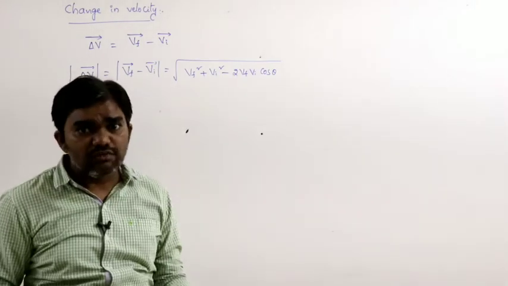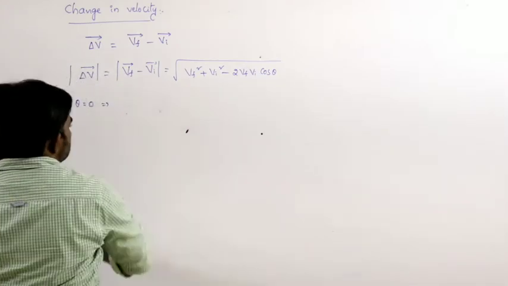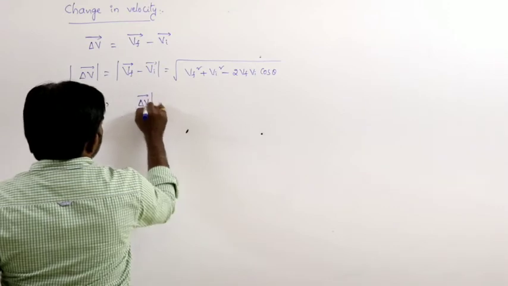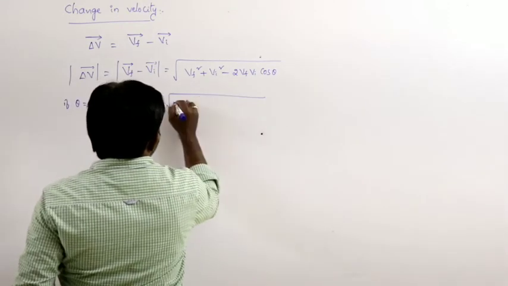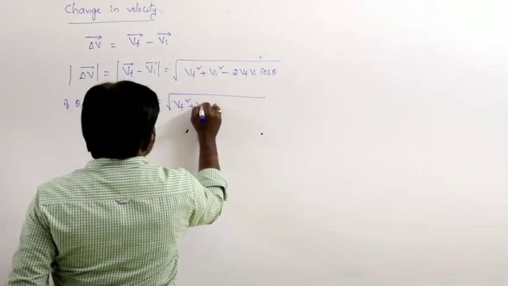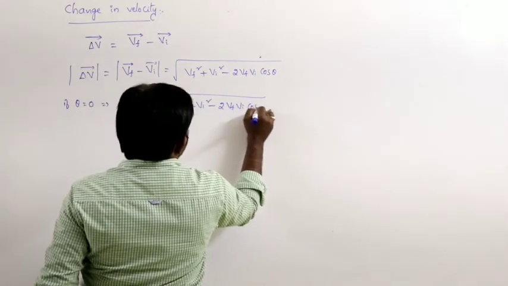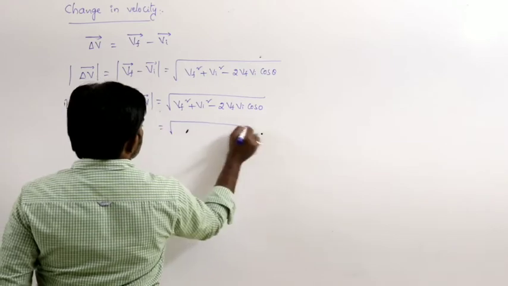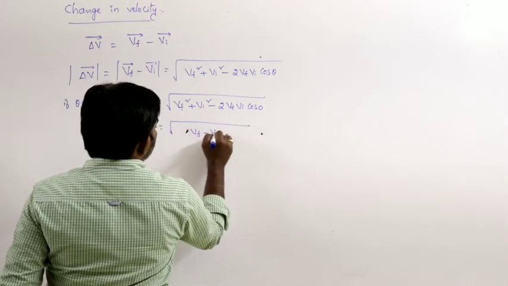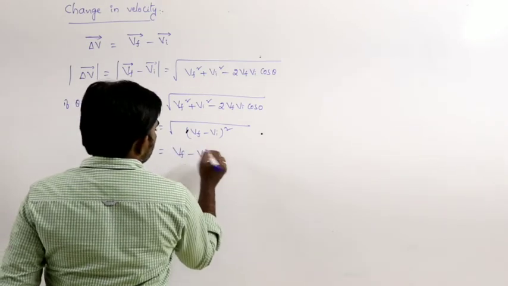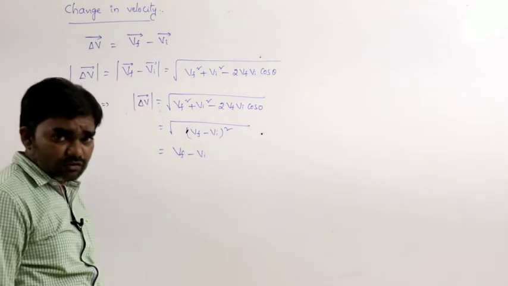Then what is the change in velocity? Delta V bar equals under root Vf square plus Vi square minus 2 Vf Vi cos 0. Cos 0 is 1, so it can be written as Vf minus Vi whole square, which equals Vf minus Vi. That is if theta equals 0.